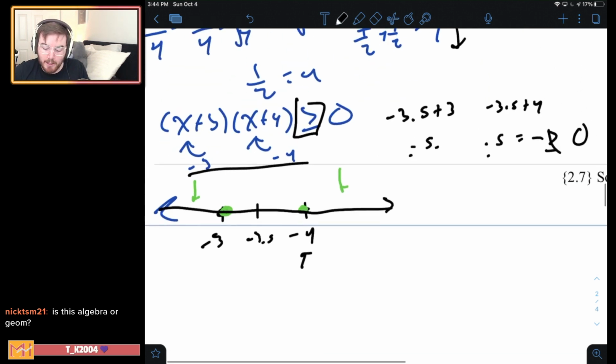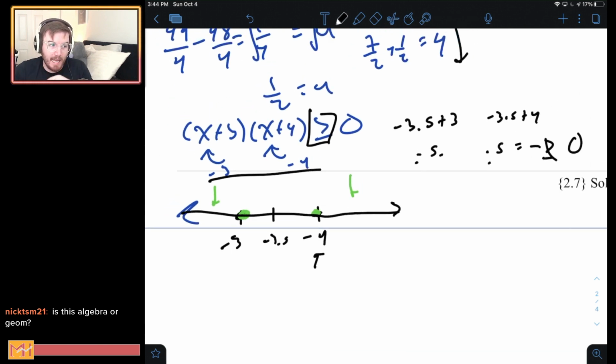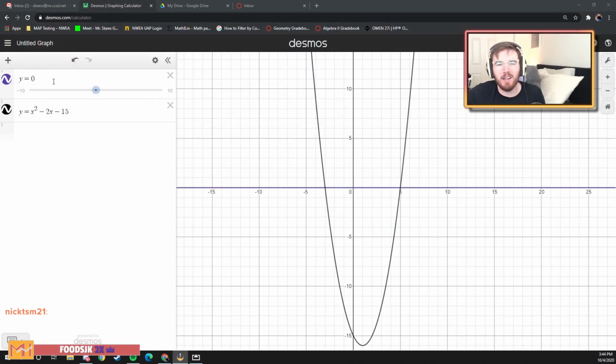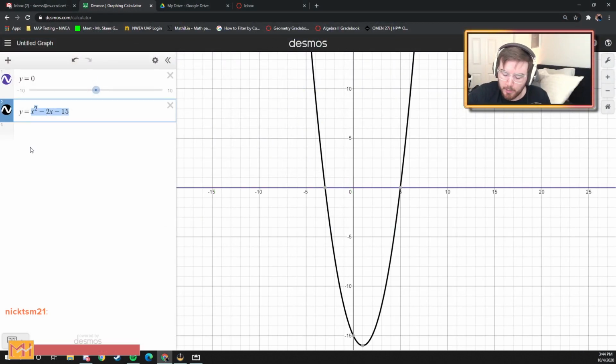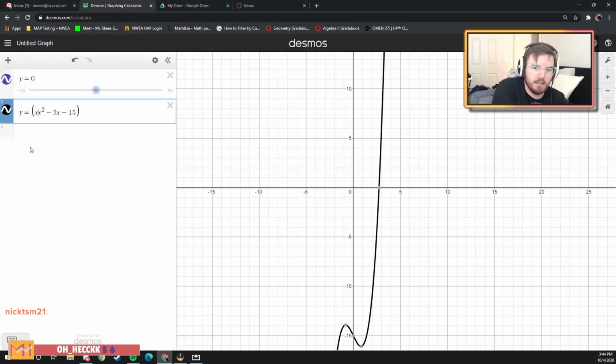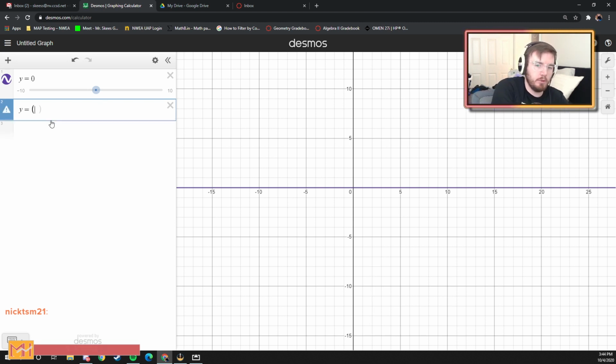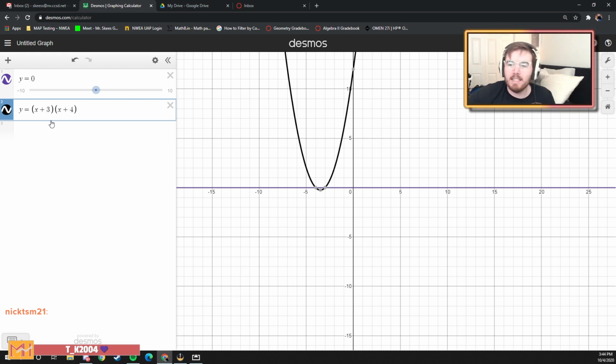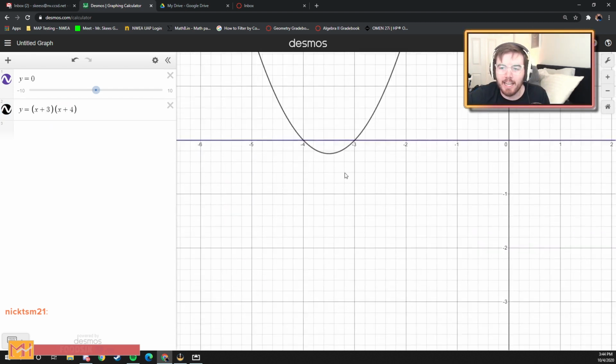Again, what am I doing in here? I'm testing out numbers, which is again why I honestly do appreciate the graph on these. I really do. I would 100% encourage a graph. What I'm essentially doing is testing out the number -3.5 and realizing, oh, it's going to be negative down here, right?